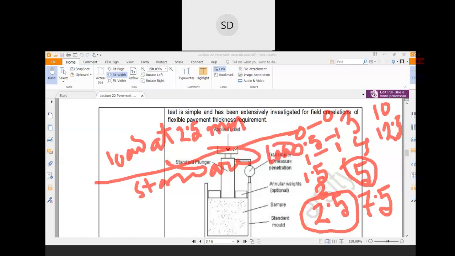Generally this standard load value for 2.5 mm penetration is considered to be 1370 kg.